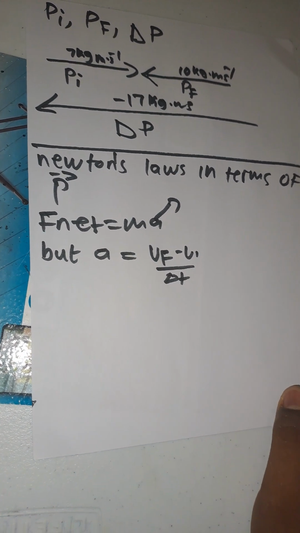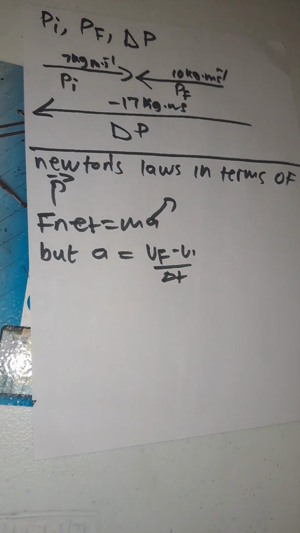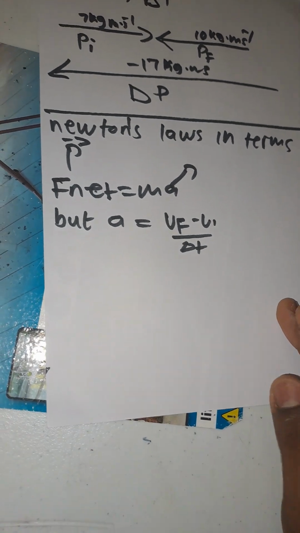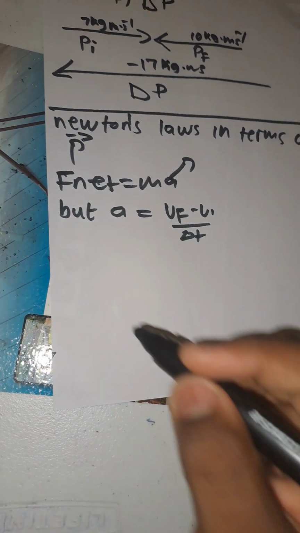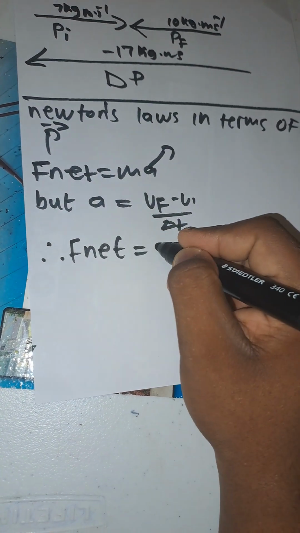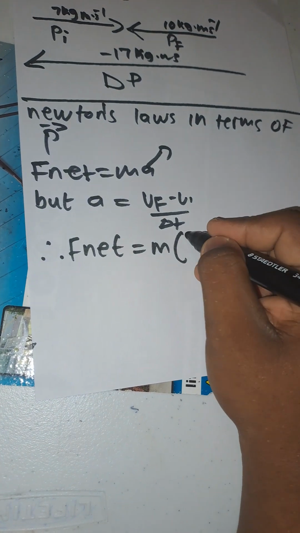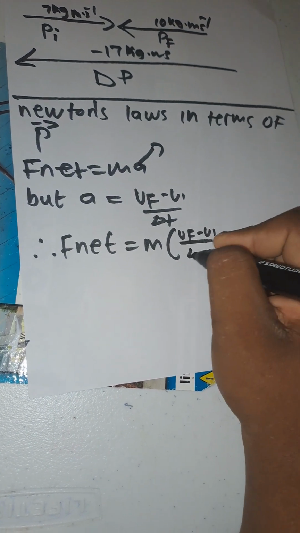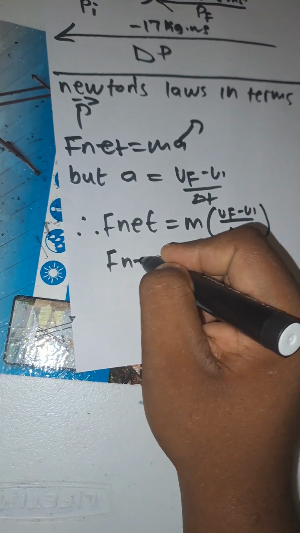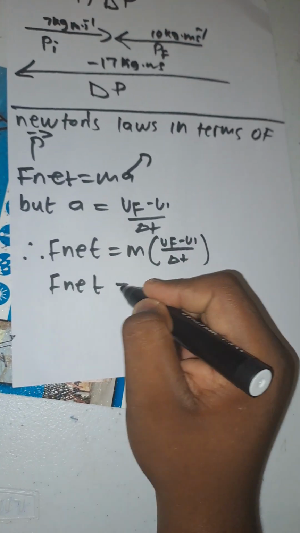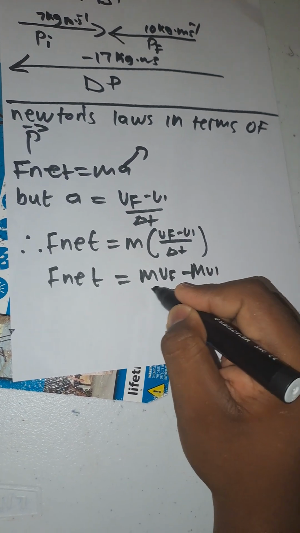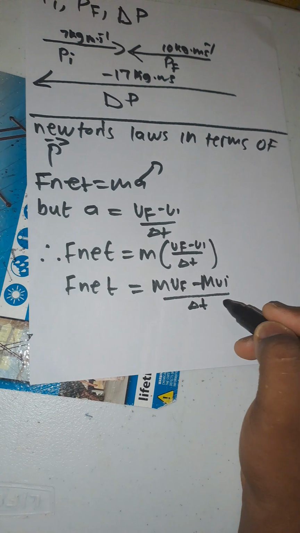I'm trying to show you the theorem for getting the F net in terms of momentum. Therefore F net is equal to m, where there is a, I put what? Vf minus vi over delta t. Then F net is equal to mvf minus mvi over delta t.